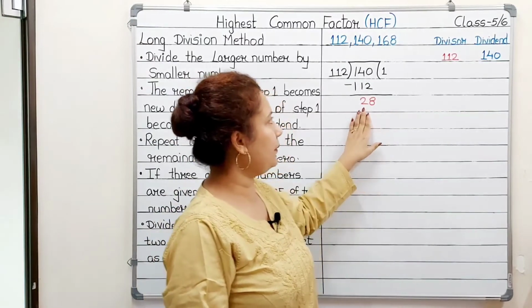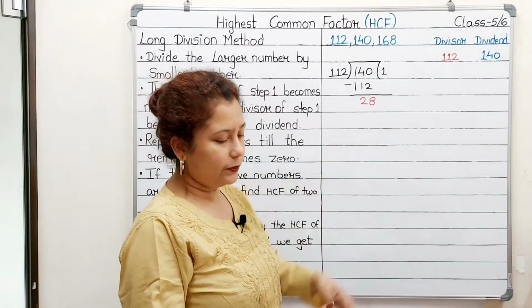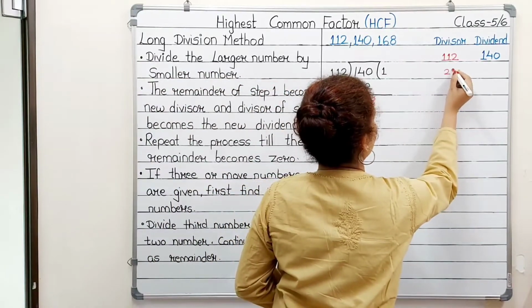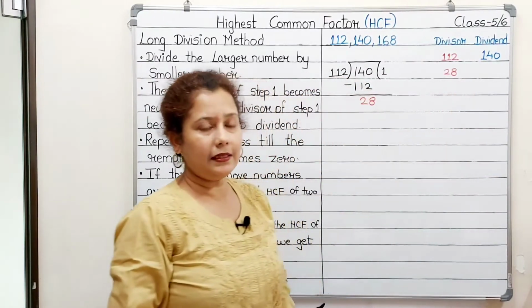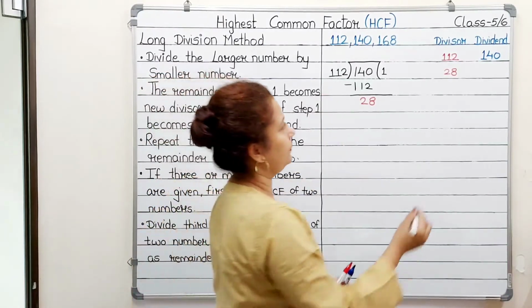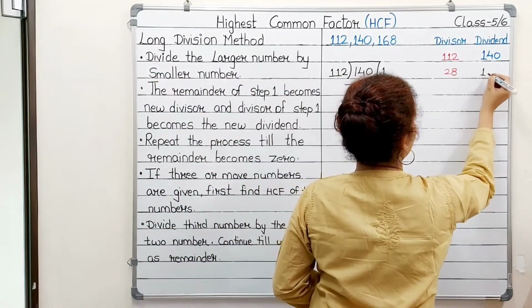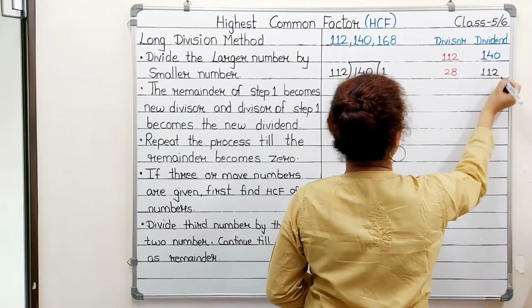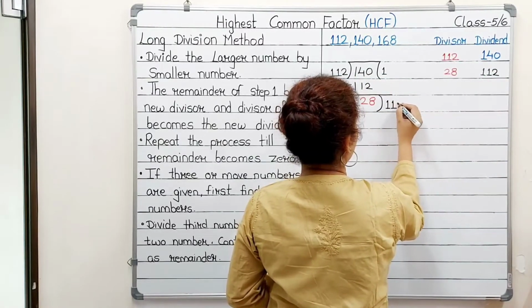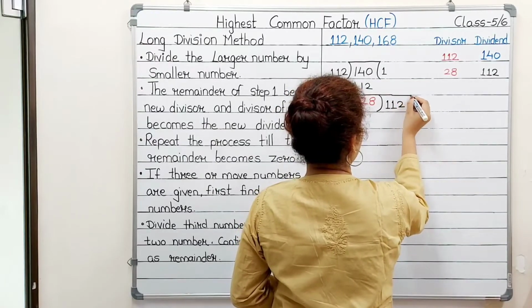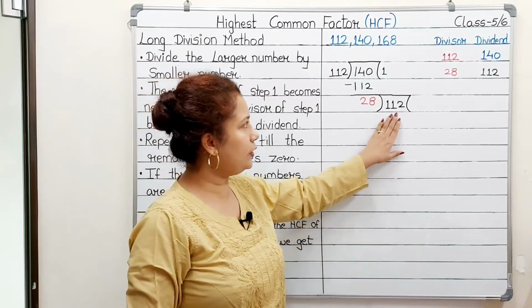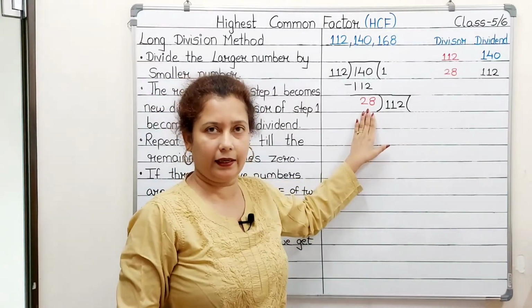So the second step will be, here 28 will become our new divisor, and the new dividend will be 112. Now we will divide 112 by 28.